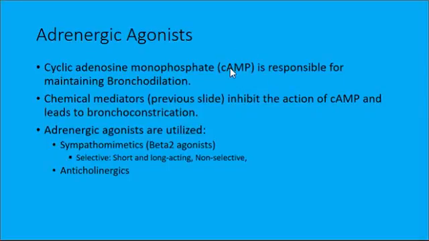Put on here your cAMP, which your text mentioned several times, which helps to maintain that bronchodilation. And that is triggered by these adrenergic agonists. Which ones stop it, which ones inhibit it, which ones promote it.